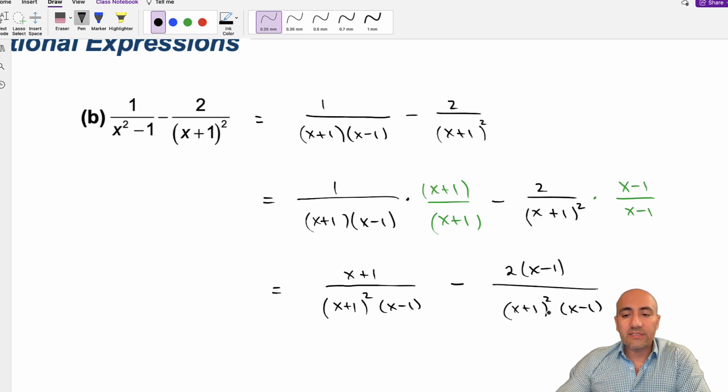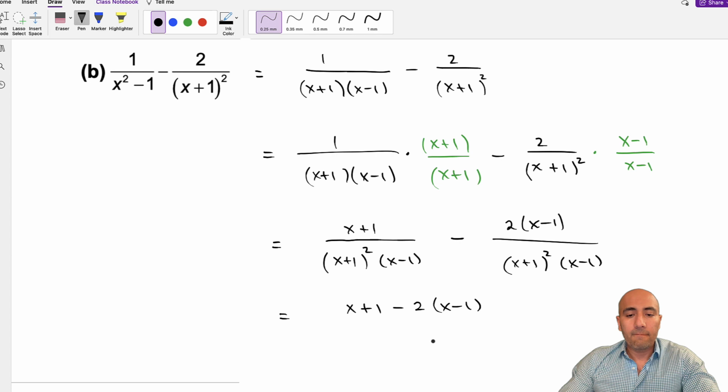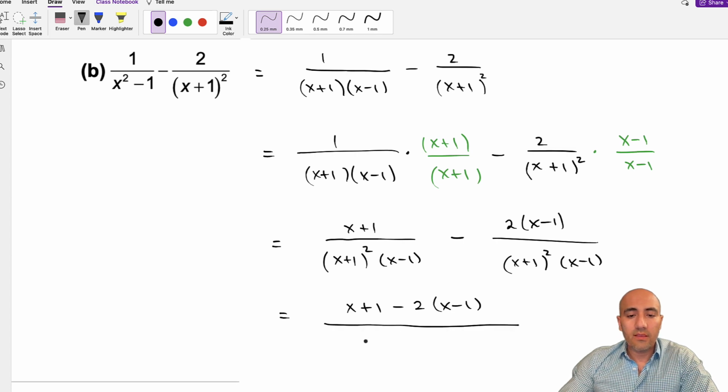A very common mistake is that people get to this stage and then they start canceling, right? Which is kind of circular thinking. We just went through this work to get to this stage, so why would you cancel them, right? No, we want to notice that now they have the same denominator, so we can bring them together as one big happy fraction, and so we end up with x plus 1 minus 2x minus 1, divided by x plus 1 squared x minus 1.